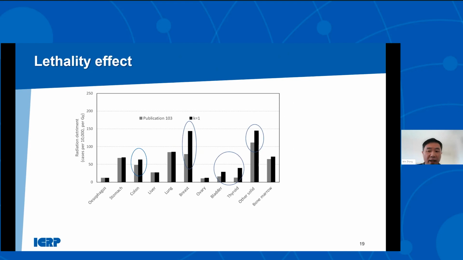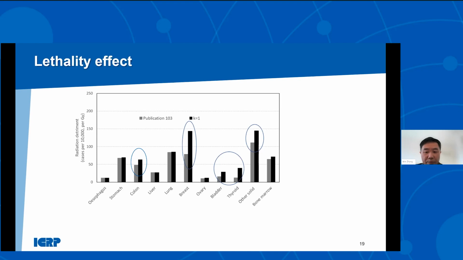As mentioned earlier, the radiation detriment is also dependent on lethality, quality of life, and the relative life lost. This graph shows a comparison between the standard detriment calculated using lethality fractions described in publication 103, and that with a lethality fraction equal to 1, which would be the worst case scenario.